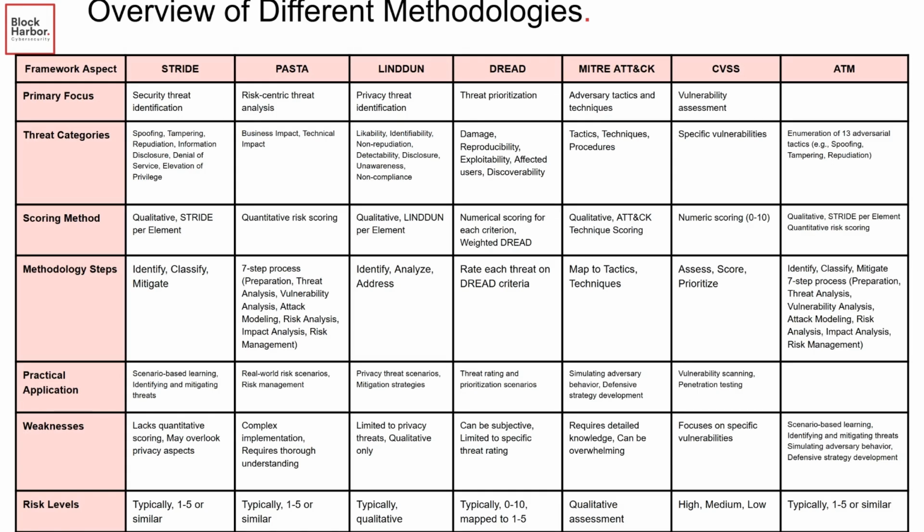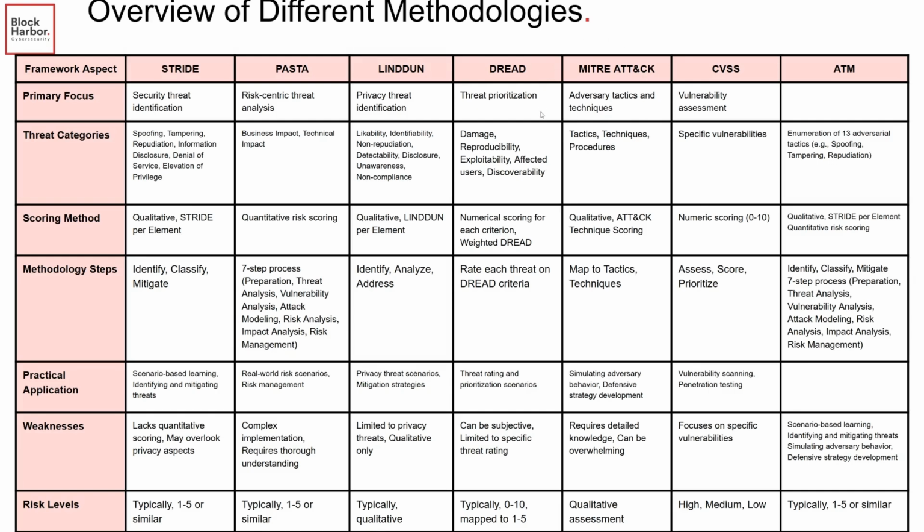Each threat is rated numerically, which helps in prioritizing threats based on their impact and ease of exploitation. However, one of the drawbacks of DREAD is that its subjective nature can lead to inconsistent scoring if not managed carefully. The next three are matrices and frameworks that can be used, such as MITRE ATT&CK or CVSS.